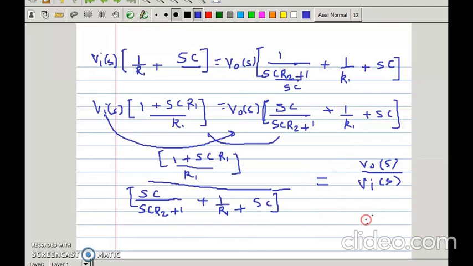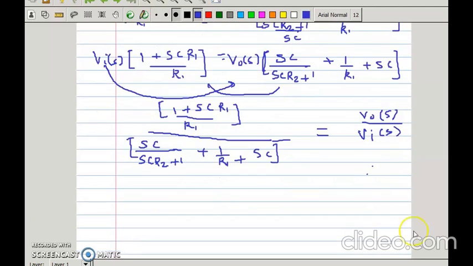Let's take some space here. This is nothing but your transfer function. Can we reduce this equation somehow? The numerator is as it is, SC R1 divided by R1.